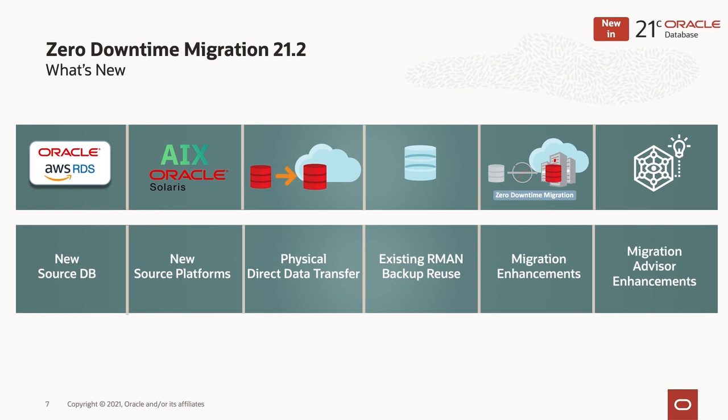We have further migration enhancements such as tablespace automatic remapping, etc. And we also have some cool new migration advisor enhancements, such as being able to update the migration advisor directly from the ZDM home, etc. So there's a lot new in 21.2 ZDM.